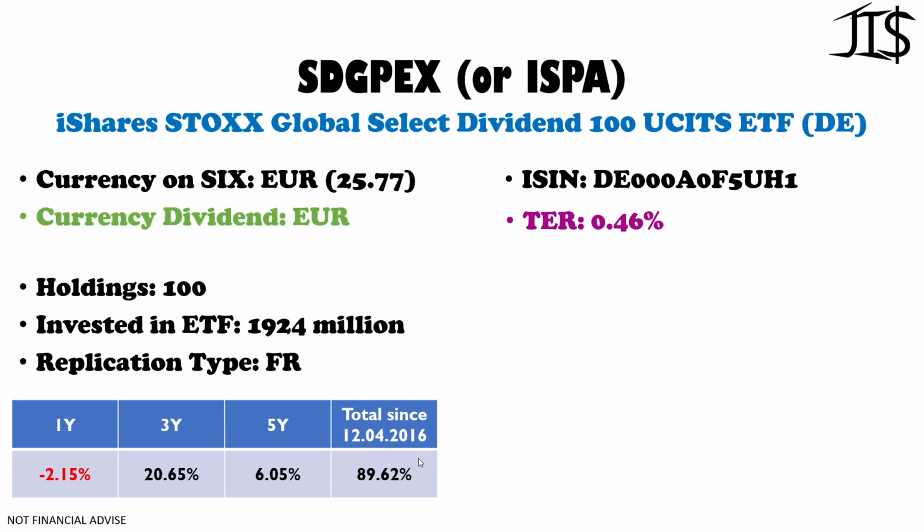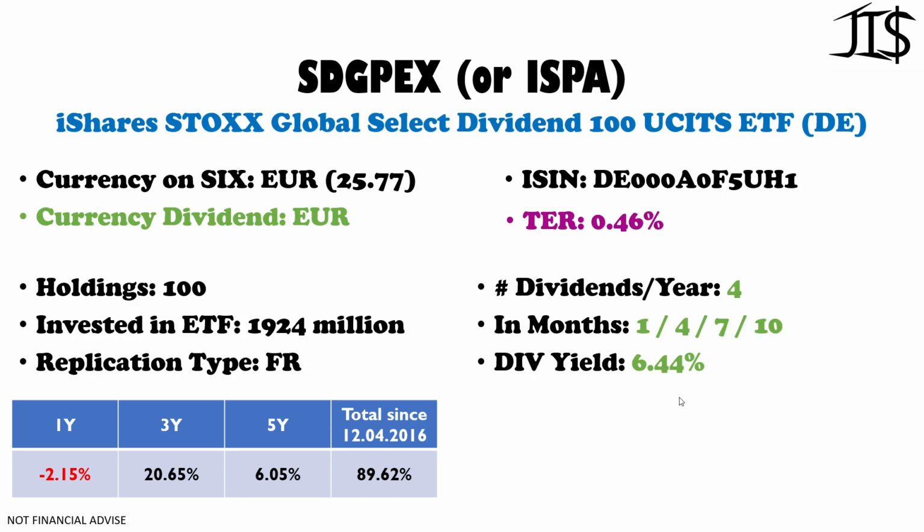The total since its inception, or I have to say since its notes on the Swiss stock exchange, because it's been around for longer on some other stock exchanges in Europe. But since its start on the SIX stock exchange, it's up almost 90%.